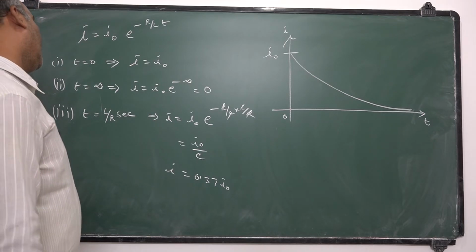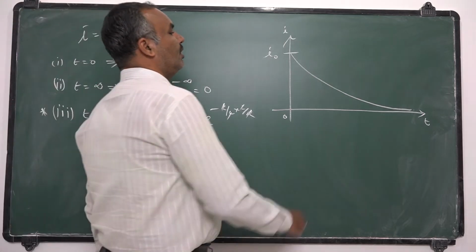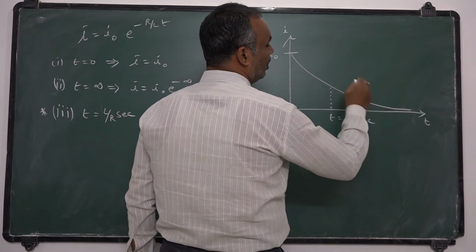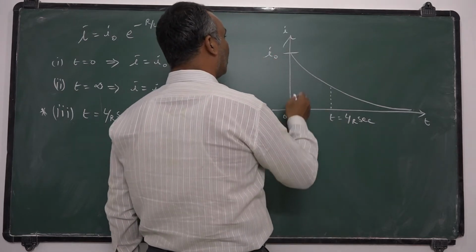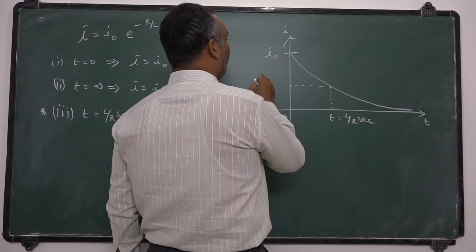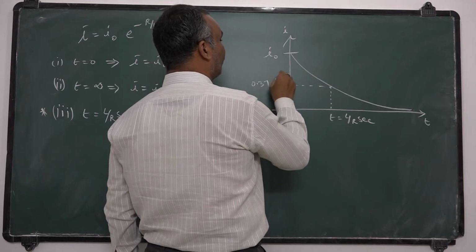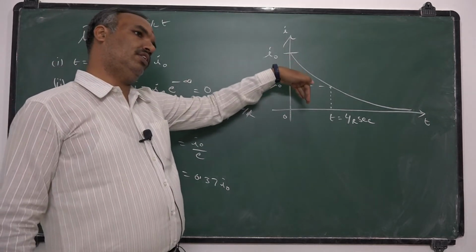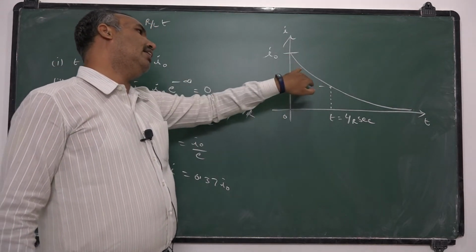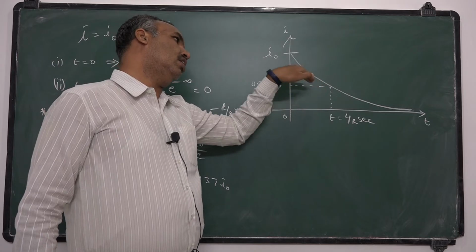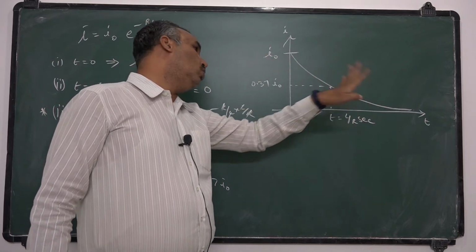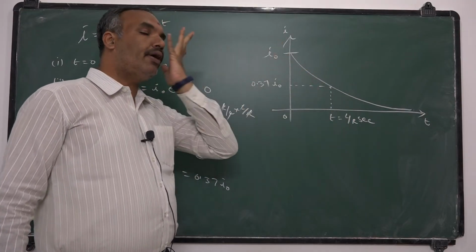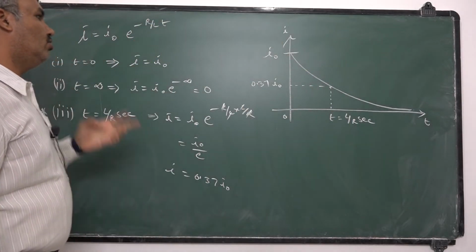After L by R seconds, the current value reduces to 0.37 times I naught. That means the current value rapidly falls till 37%. Later the decrement becomes slow, gradually decreasing, taking long time. From here to here, rapid fall in current value is observed.